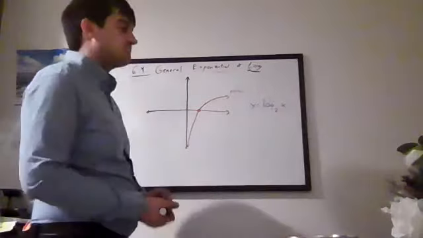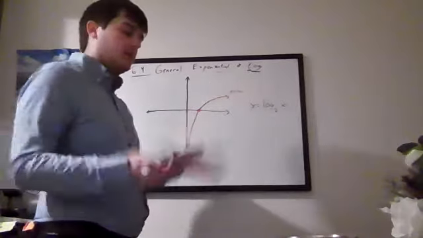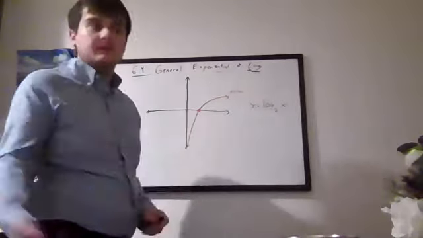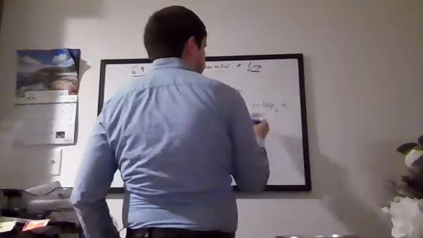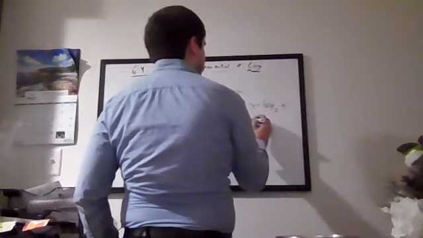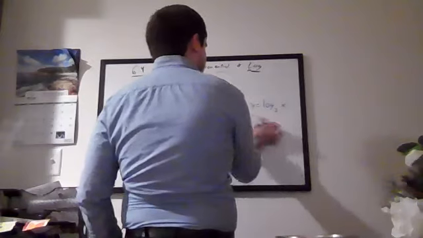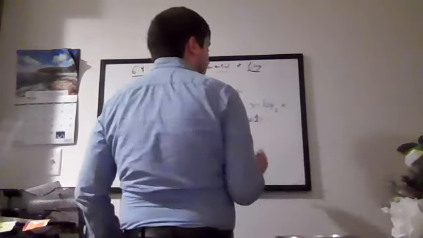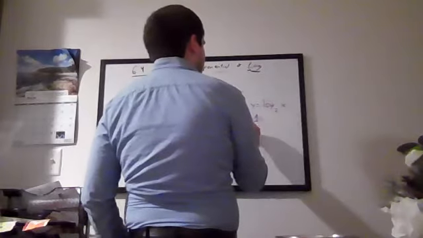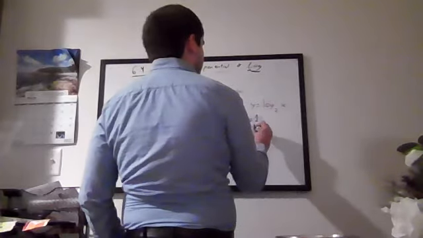So how do we graph this? Well, we can get some points, but we want to think through it. Let's do an easy one. I want to figure out what happens when x equals 1. So when x is 1, I have log base 2 of 1.